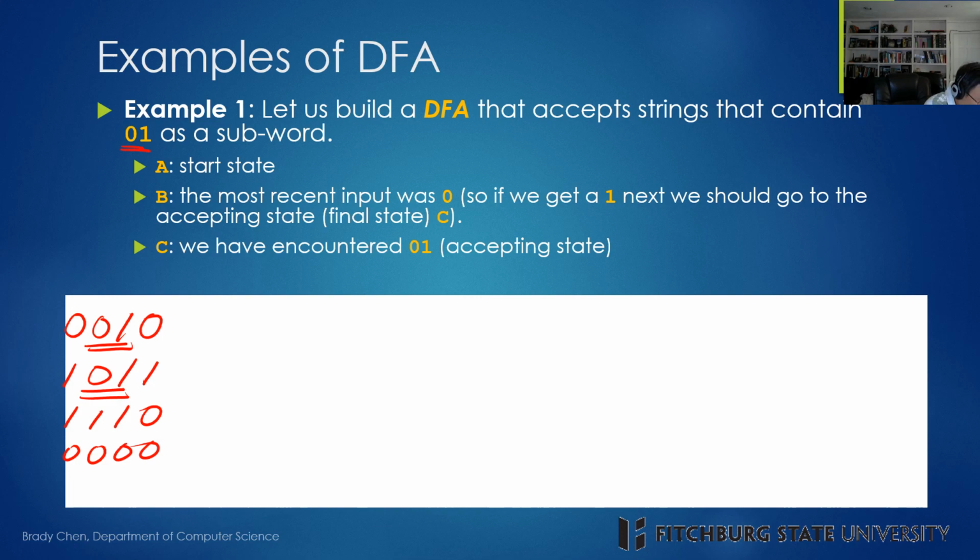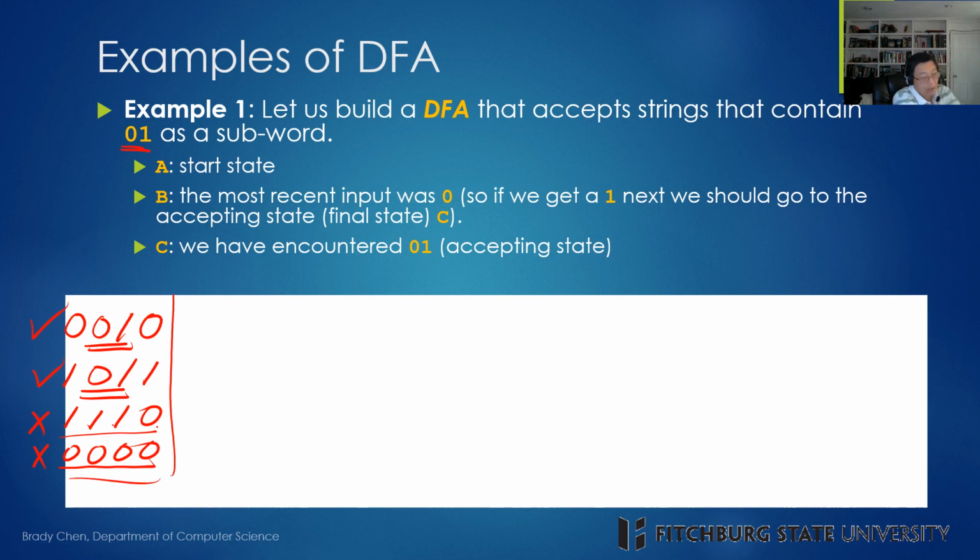These two strings, can we find 0, 1 as a subword? No, we can't. There's no 0, 1 as a subword. So we hope that we will build a finite automata to accept this string, and reject that one, right?